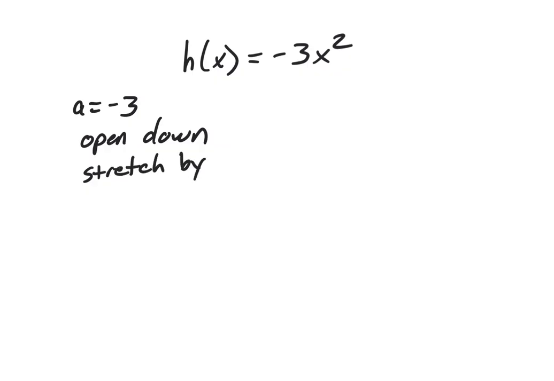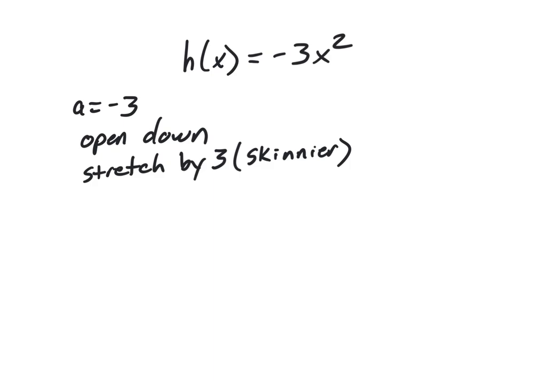And it's going to stretch by a factor of 3. Sometimes I might use the word skinnier because in our mind visually that makes a little bit more sense. Okay, the book's not going to use the word skinnier or wider, but I like to use the word skinnier and wider because I think visually it helps us to understand it a little bit better. But it's going to stretch the graph.